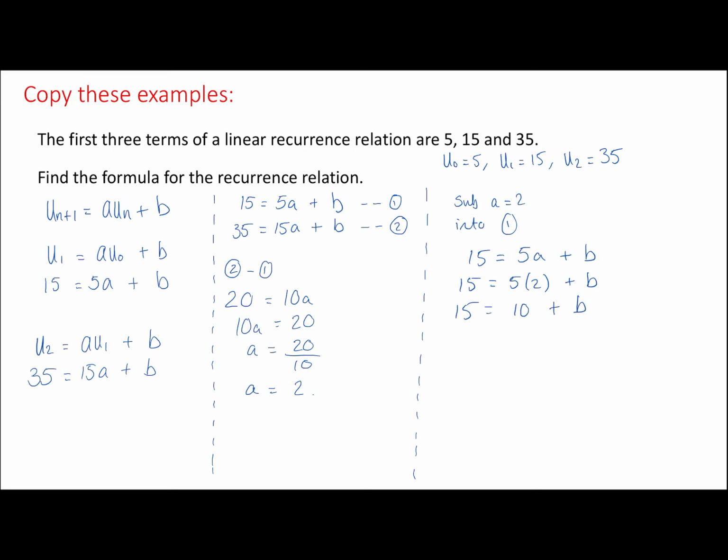If I subtract 10 from each side, I get 5 is equal to b, which I'm going to rewrite as b equals 5. So there we are, we've got our answer there. a is equal to 2 and b is equal to 5. We can now write down a recurrence relation. u(n+1) is equal to 2u(n) plus 5.